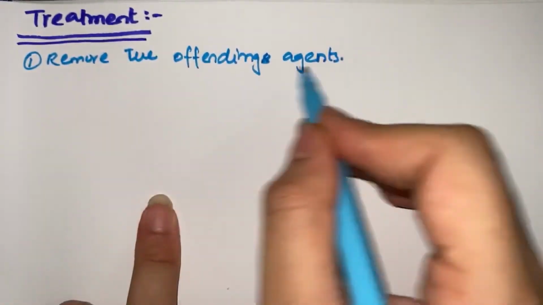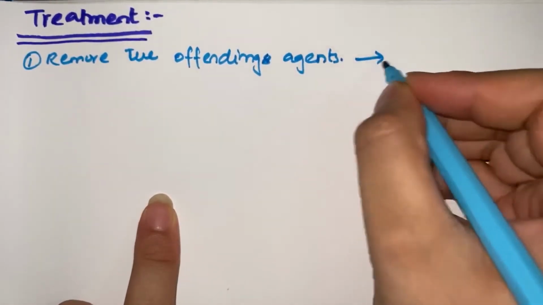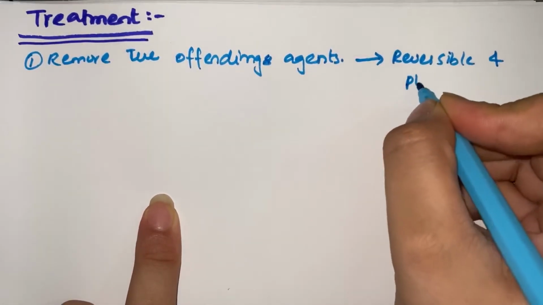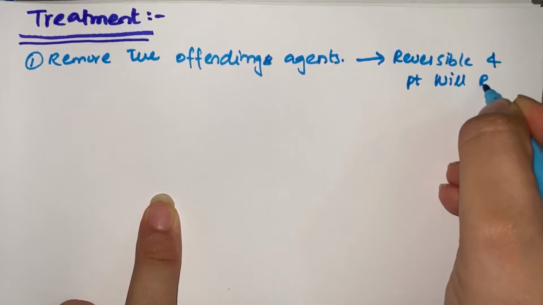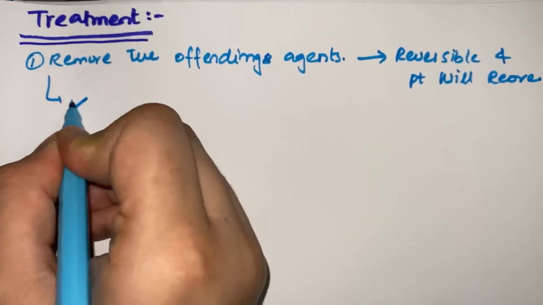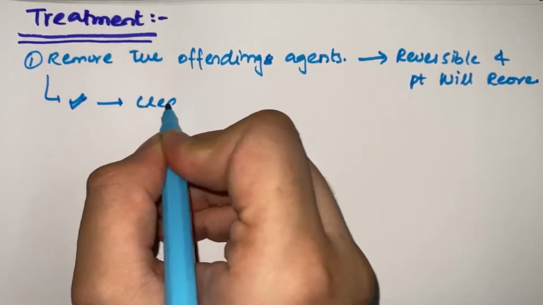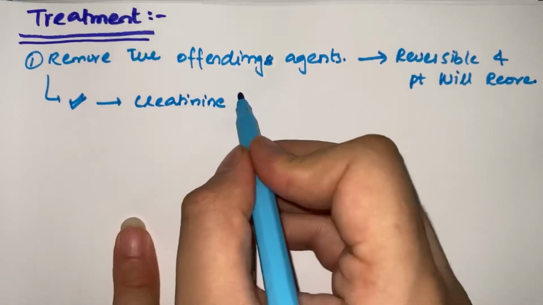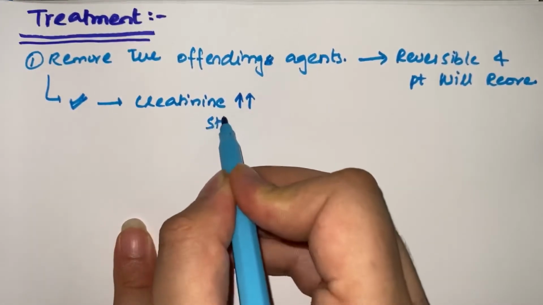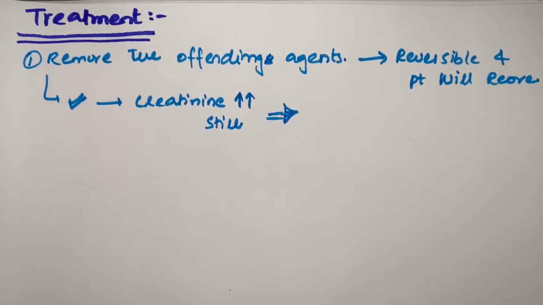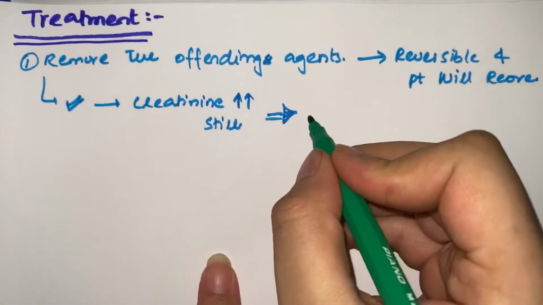Now if we have removed the offending agents, in most cases the disease will be reversible and the patient will recover. Fine. But if we have removed the offending agent, but still we continue to perform our RFTs, and the creatinine levels are still high, then we have the option of giving steroids, because now we have to treat the disease.